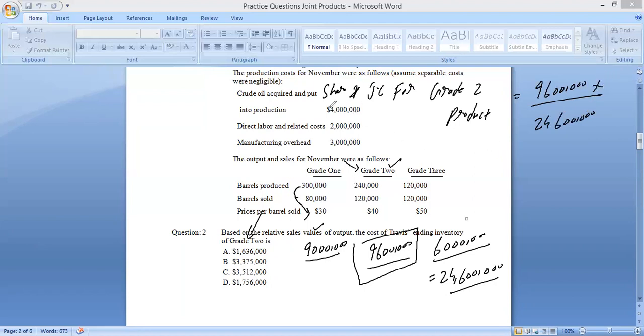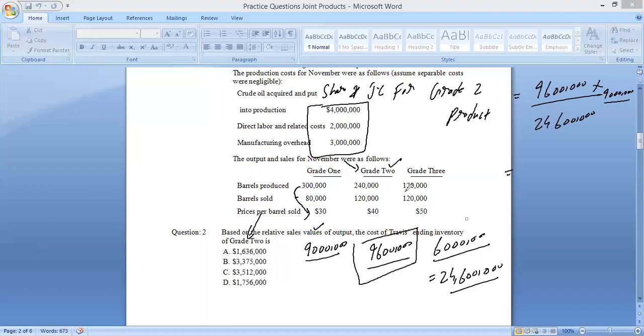Students, this is our joint cost. Please take a look. If you take the sum of this, it will come to 9 million. So this is the joint cost. Let us solve this and we will have the share of joint cost for grade 2 product.